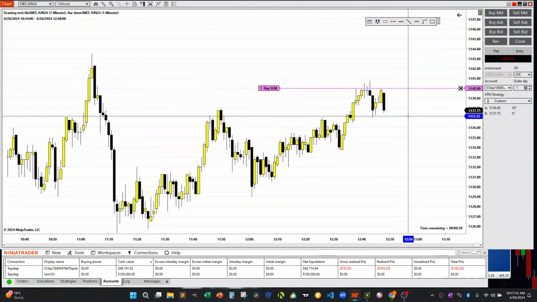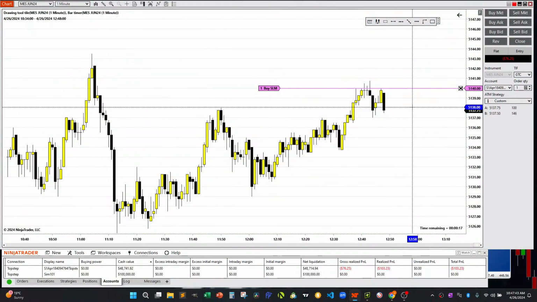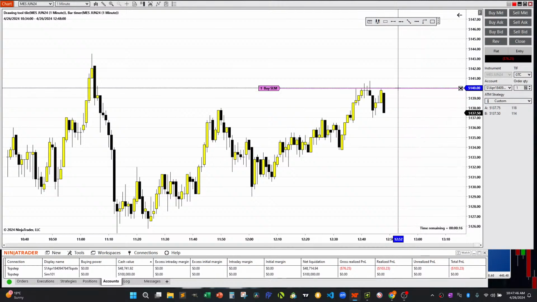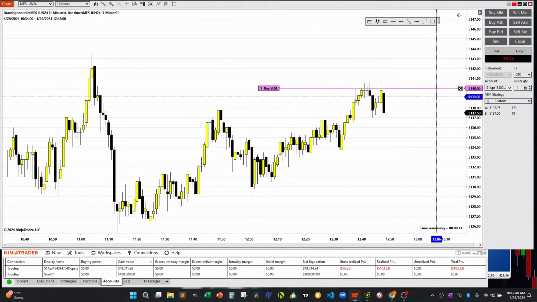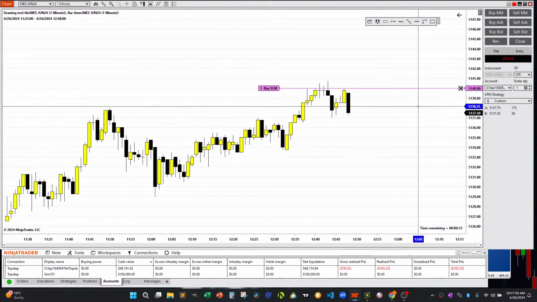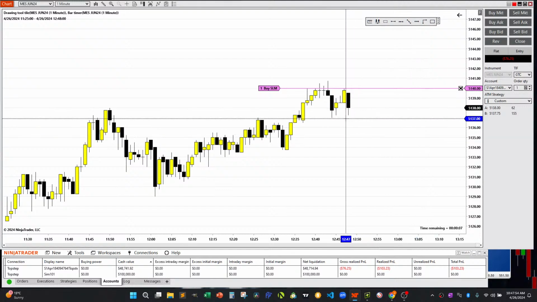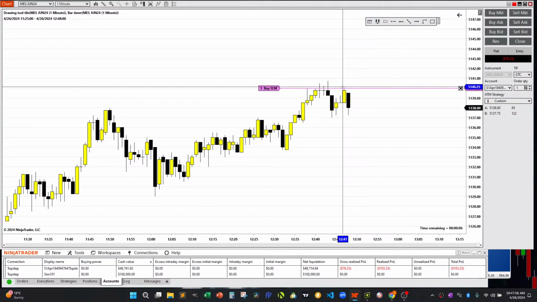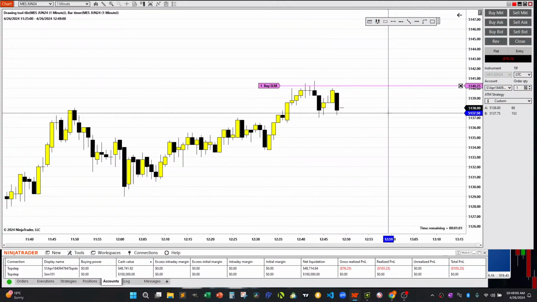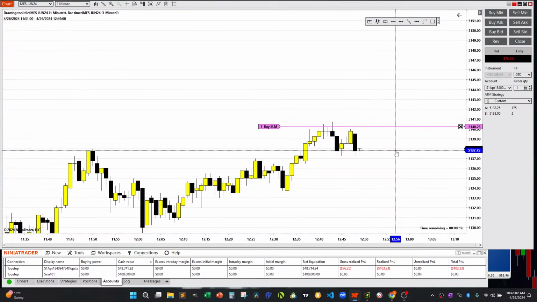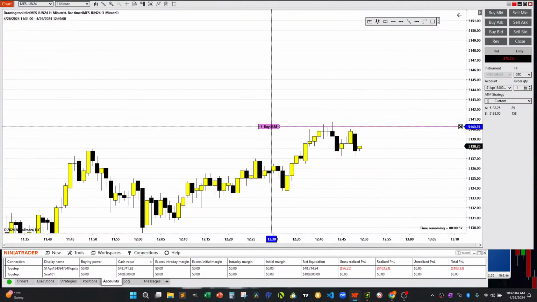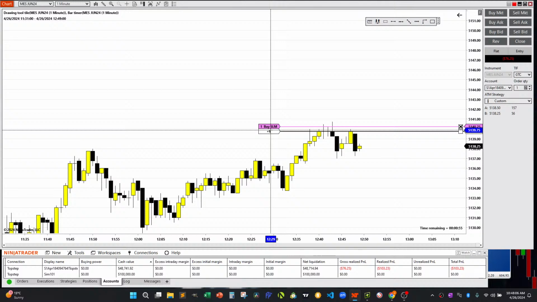Pretty good little breakdown. Go 1 tick above. Which actually, I'll go 1 tick above the black candle.